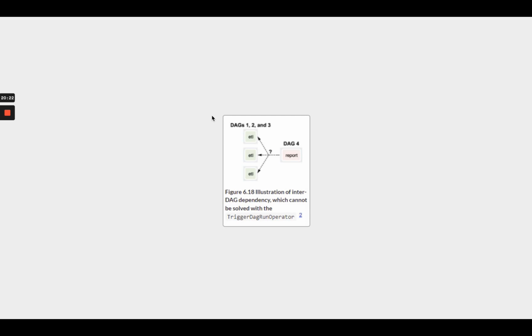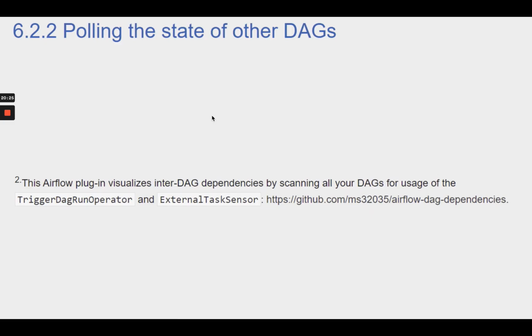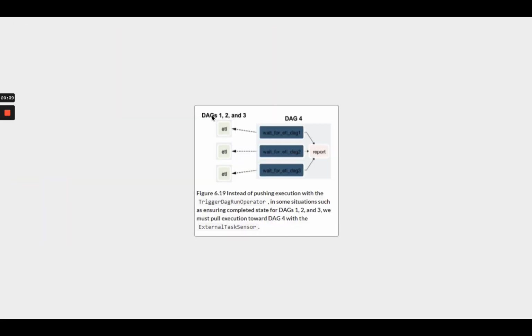Figure 6.18. Footnote 2. This Airflow plugin visualizes inter-DAG dependencies by scanning all your DAGs for usage of the trigger DAG run operator and external task sensor. See this link. For this situation, we could apply the external task sensor, which is a sensor poking the state of tasks in other DAGs, as shown in figure 6.19.